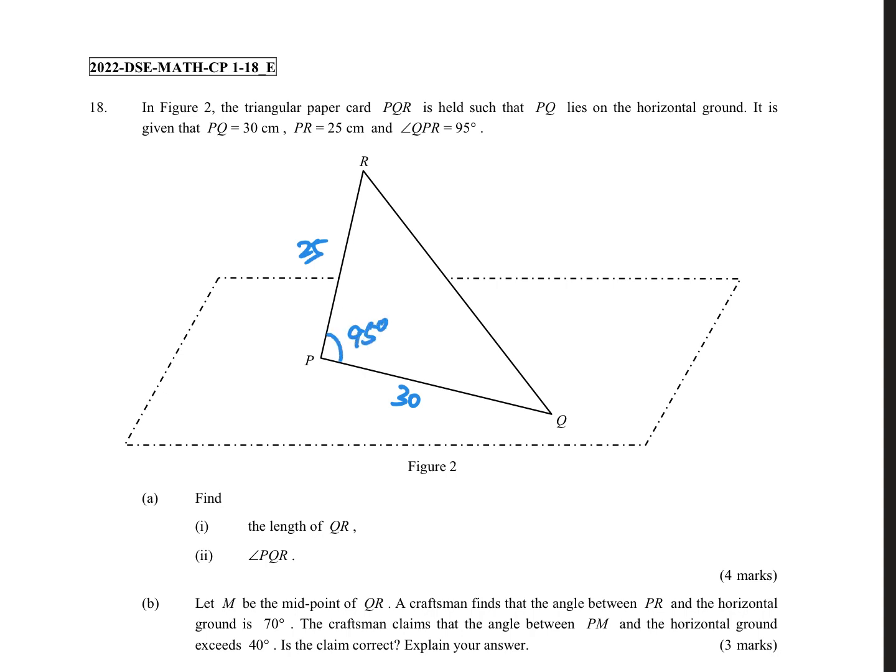So B1, we want to find QR, which is the opposite side of the 95 degree angle. This is an SAS triangle, so for A1 we'll basically use the cosine formula.